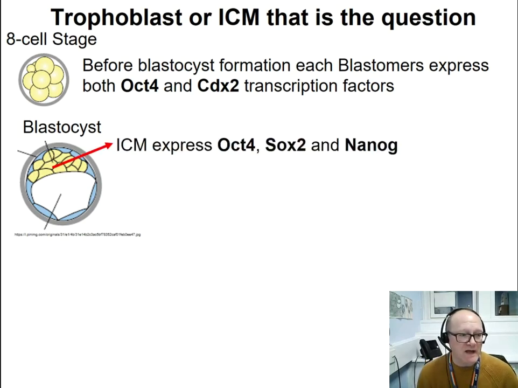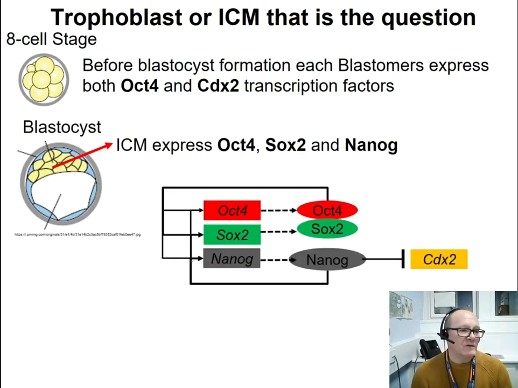The ICM is expressing OCT4, SOX2, and NANOG. OCT4, SOX2, and NANOG form a positive feedback loop. So if these are the genes of OCT4, SOX2, and NANOG that express the proteins, these free proteins drive their own transcription and also drive the transcription of the other two.